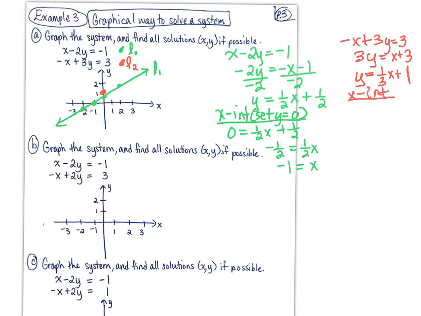We have that 0 is equal to 1/3 x plus 1, or we have negative 1 is equal to 1/3 x. Multiply both sides by what? 3, we get x is equal to negative 3. Okay?